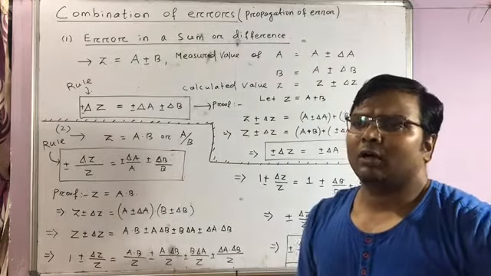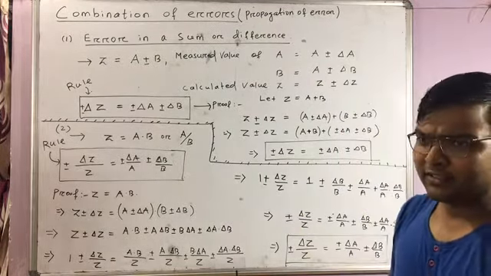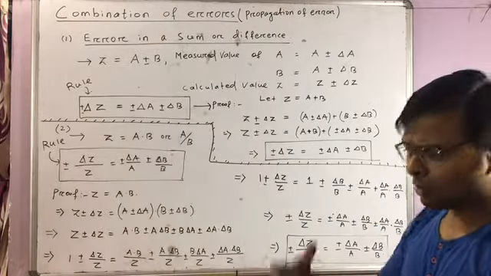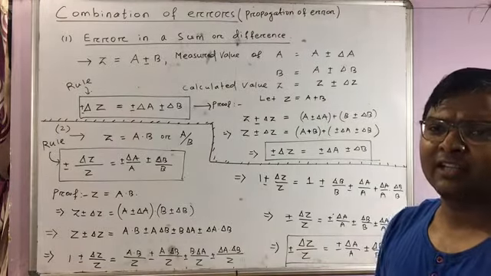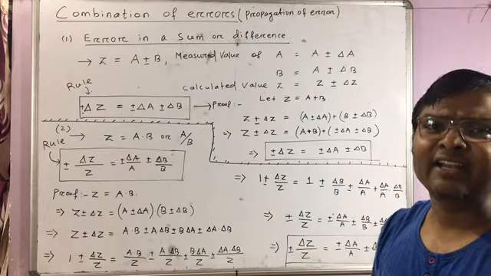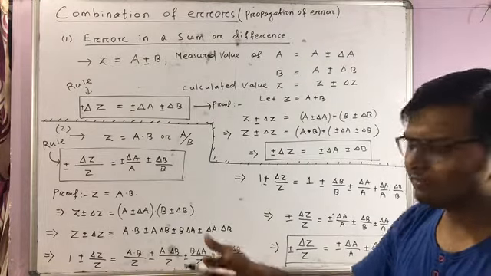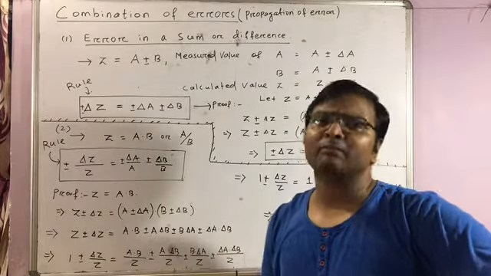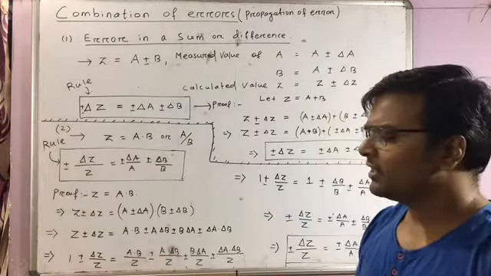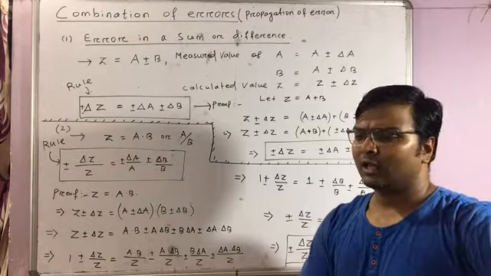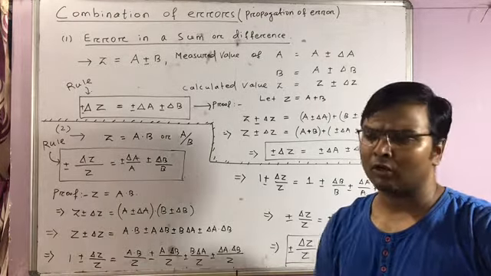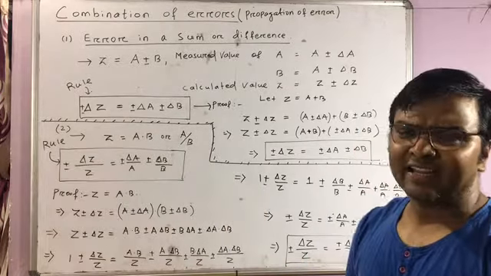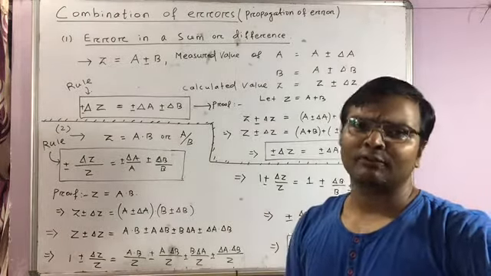Suppose we are calculating a physical quantity, some physical quantity calculated by indirect means. They are measured by indirect method. Suppose, let's say, we calculate the volume of this room, or let's say there is a rectangle. Find out the area of the rectangle.